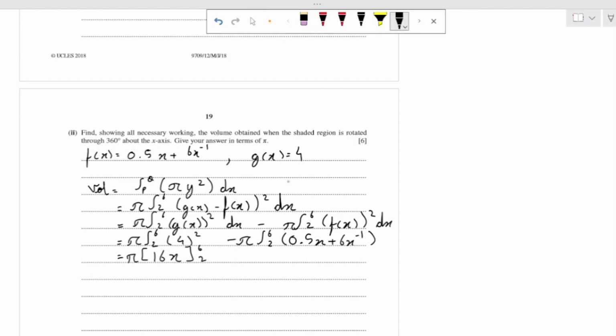So we can simply write it as now minus pi, substitute the brackets, and then we also have to find the square of this. So in short, the square would be basically 0.25 x square plus 6 plus 36x raised to the power minus 2, and again with the limits 6 2.